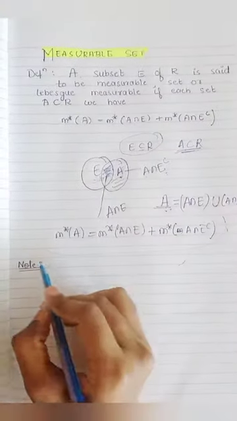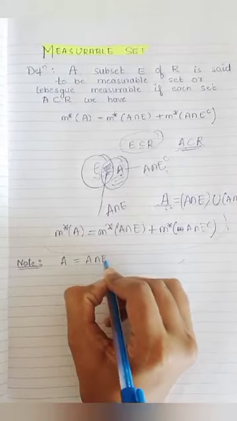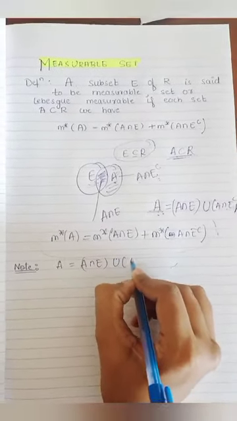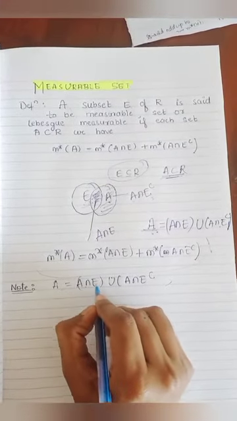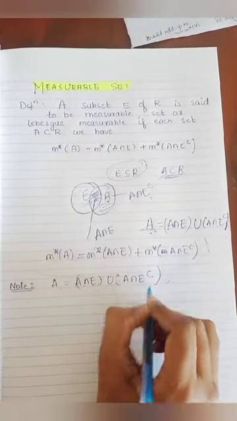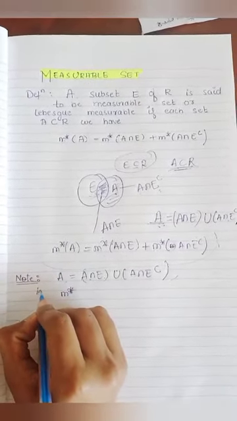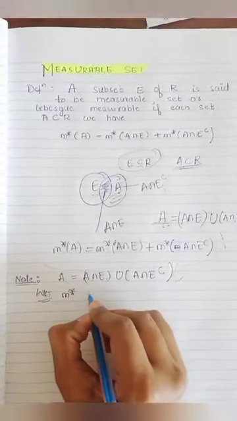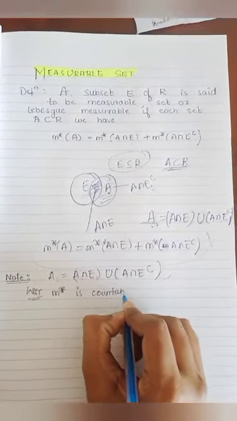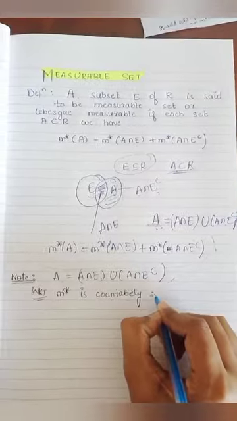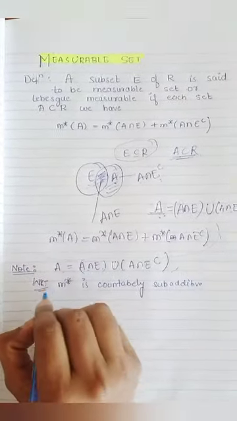Now let's discuss a note. We know that A can be written as A intersection E union A intersection E complement, and we have studied that M star is countably subadditive.